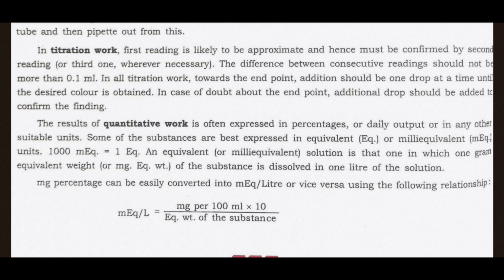An equivalent or milliequivalent solution is one in which 1 gram equivalent or milligram equivalent of the substance is dissolved in 1 liter of solution. Milligram percentage can be easily converted into milliequivalent per liter or vice versa using the following relationship. Milliequivalent per liter is equal to milligram per 100 ml times 10 divided by the equivalent weight of the substance.